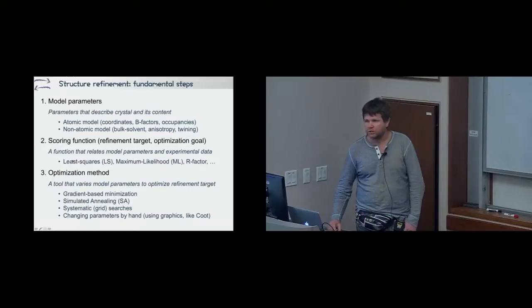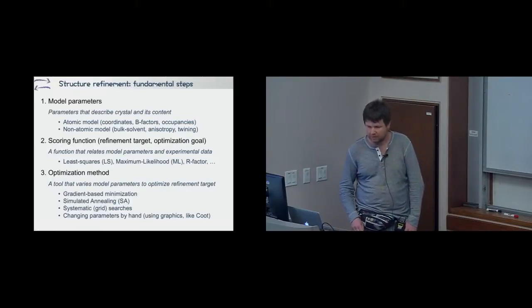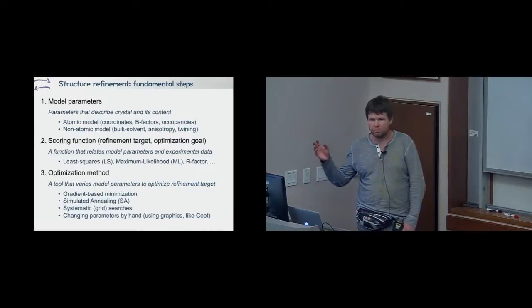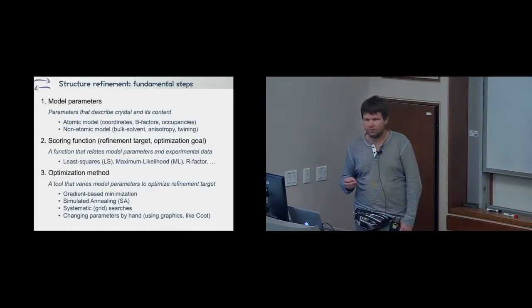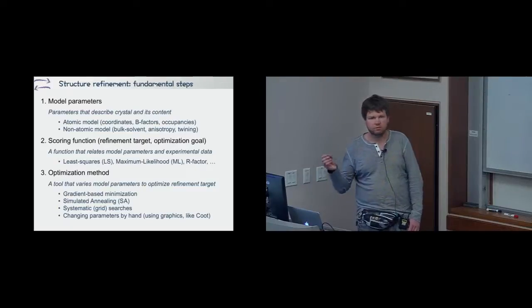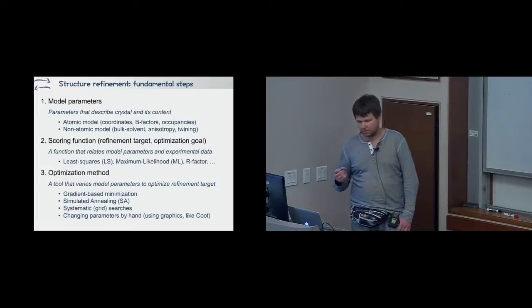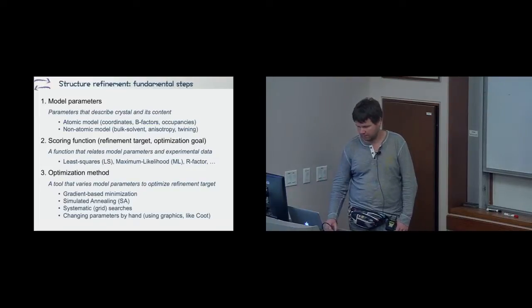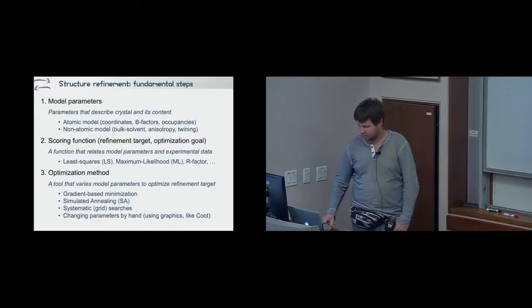Then we need to define a scoring function that is going to bring model descriptors, parameters, to experimental data in some way. And finally, we need a tool that will change model parameters in such a way that the model fits the data as well as possible. Also, the model needs to comply with some a priori knowledge. In the next few slides, we'll go through these three steps very briefly.